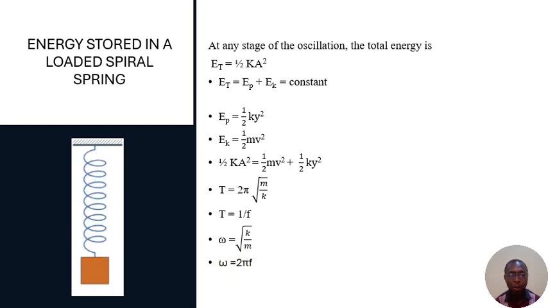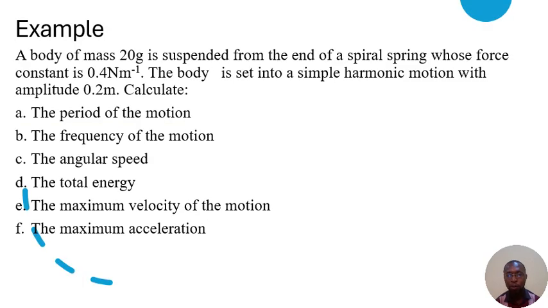Okay, so that's it. Having seen all of this, we will now see an example on all of these formulas we are talking about. Look at this question. It says a body of mass 20 gram is suspended from the end of a spiral spring whose force constant is 0.4 Newton per meter.